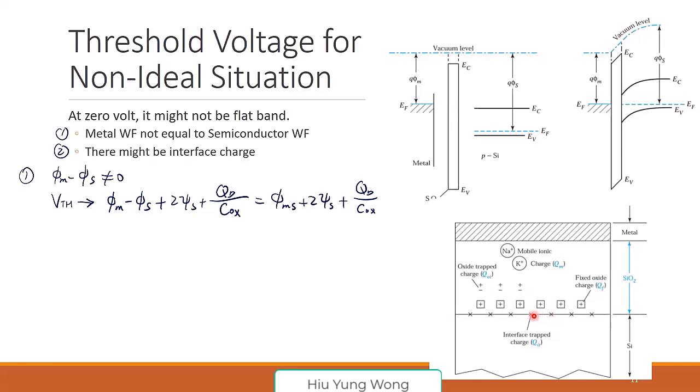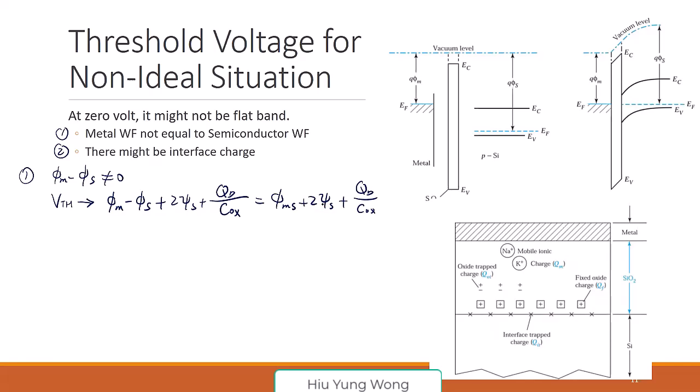We are going to cover it later in the next slide. But is that a difficult thing? No, because remember, this is just a capacitor. It's just saying that I need to support extra charge. Then in order to get into the 2 phi s condition, I just need to add additional voltage.